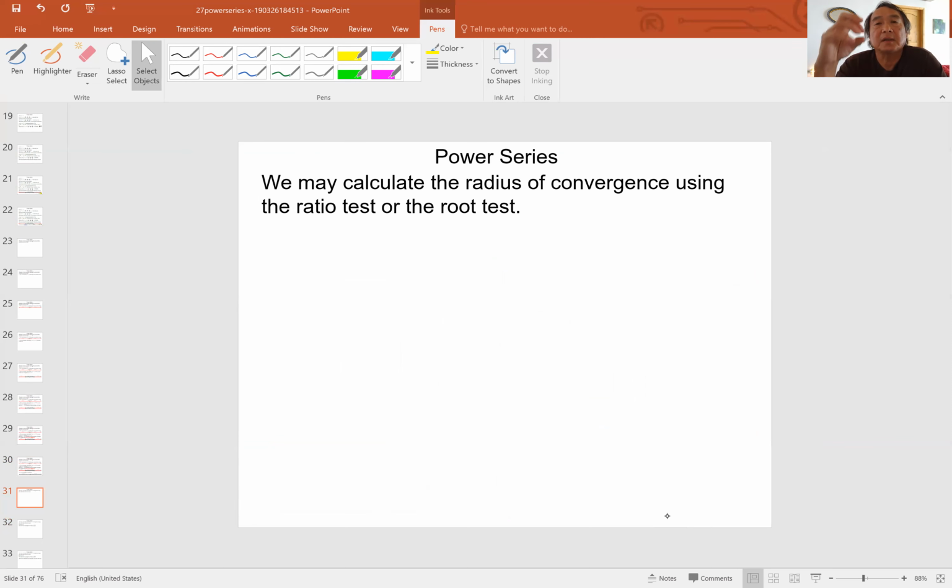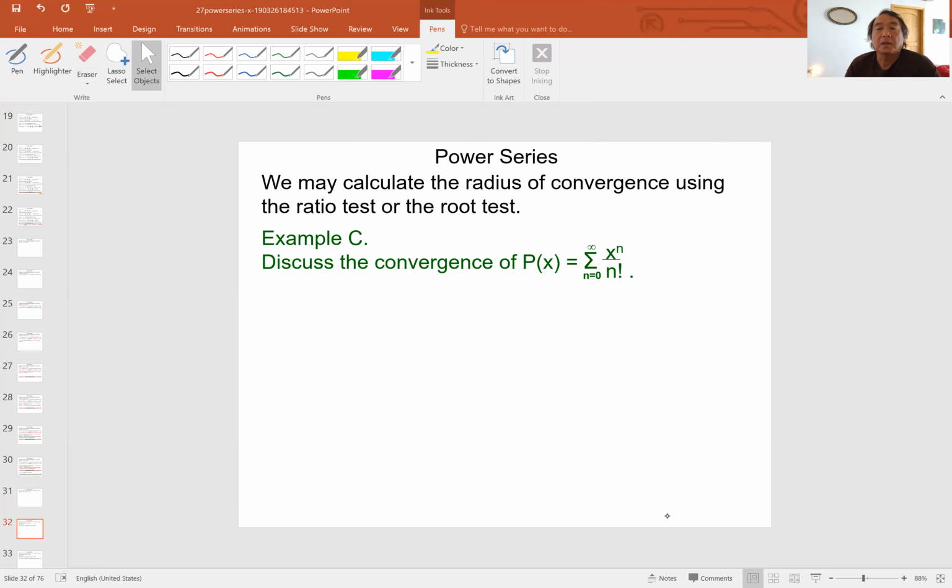So it depends on the pattern of the coefficients, the a_n. That determines the type of algebra we're going to apply, and then we can figure out what the radius of convergence is. So for instance, here, n factorial. What type of test is good for testing convergence? Well, this one we use the ratio test. The reason we use the ratio test is because n factorial and (n plus 1) factorial cancel.